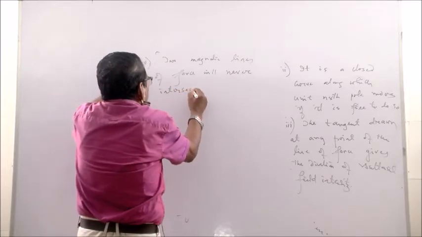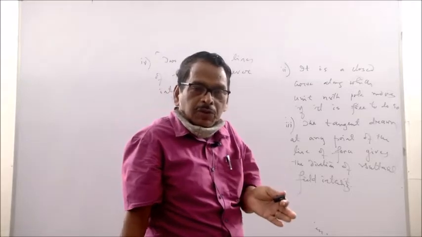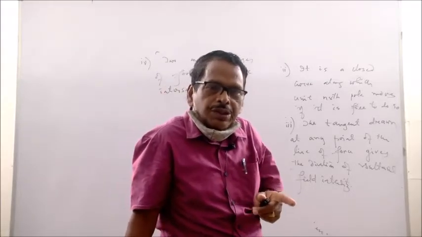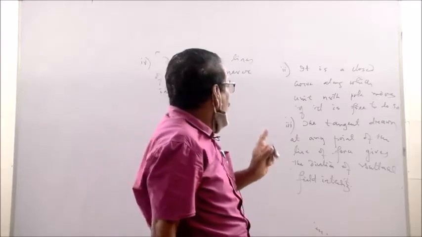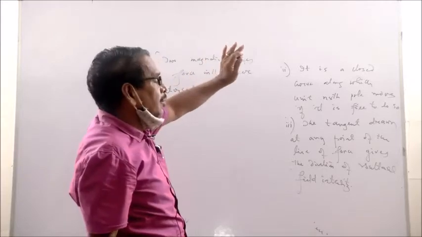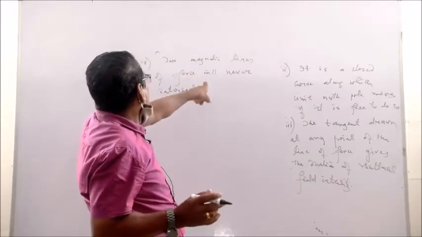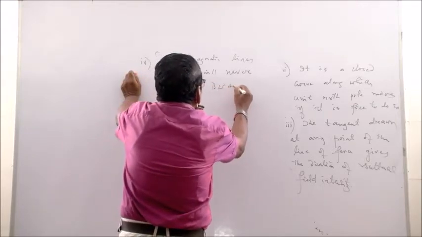Similarly, in electrostatics also, two electric lines of force will never intersect. In the exam, a short 1 mark question may come, whether they intersect or not; the answer will carry 1 mark. But if it is asked to explain, then you have to explain why they don't intersect. Two magnetic lines of force never intersect because what is the reason?